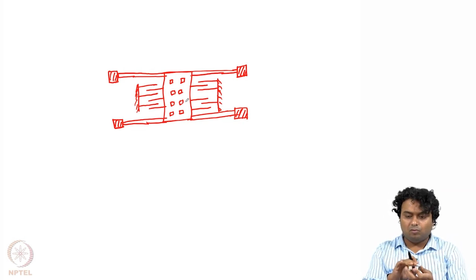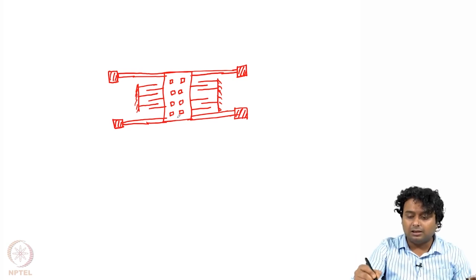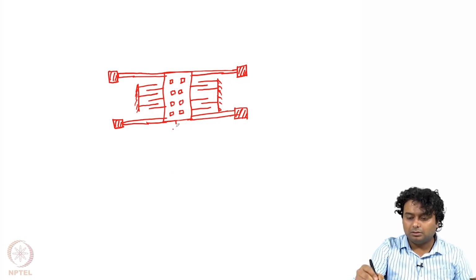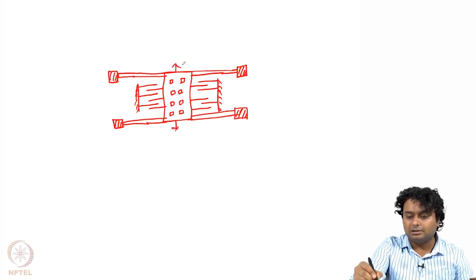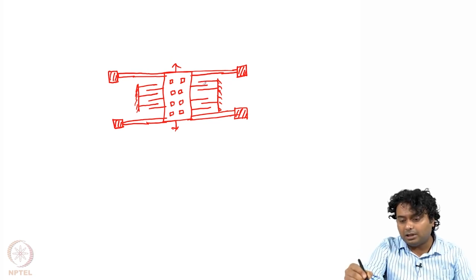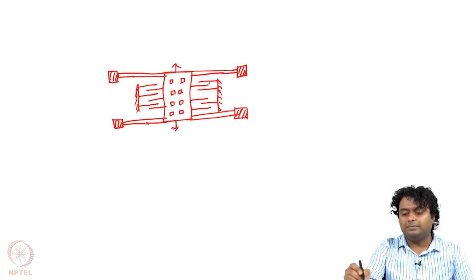Now if it experiences any change in the acceleration, then this structure will move in this direction or in this direction. So this is in-plane movement, and accordingly the gap between the fixed electrode and the moving electrode will change, and the capacitance will change.